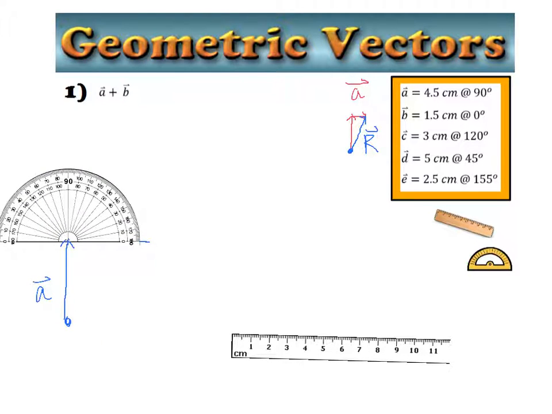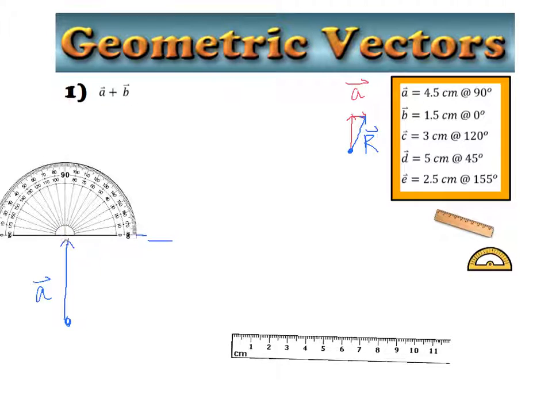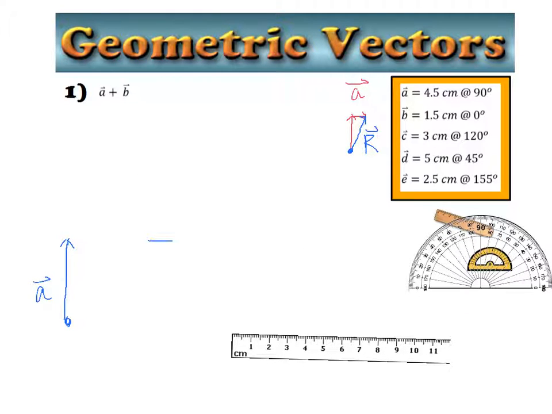Oh, I know what's going on. I have a little bit of white space on the outside of my protractor, I believe. So I'm going to keep that going just a little bit farther out there. There we go. Okay.